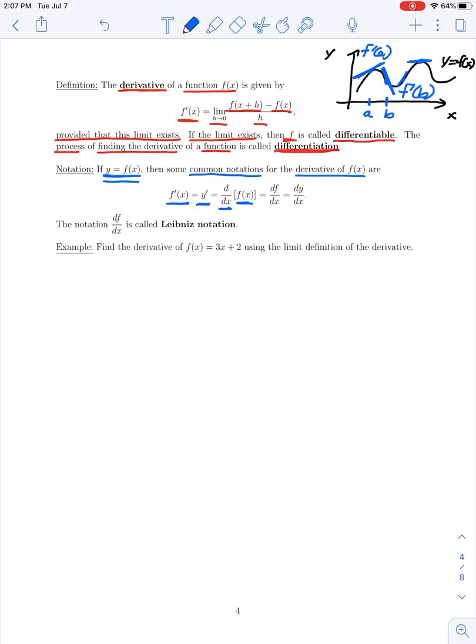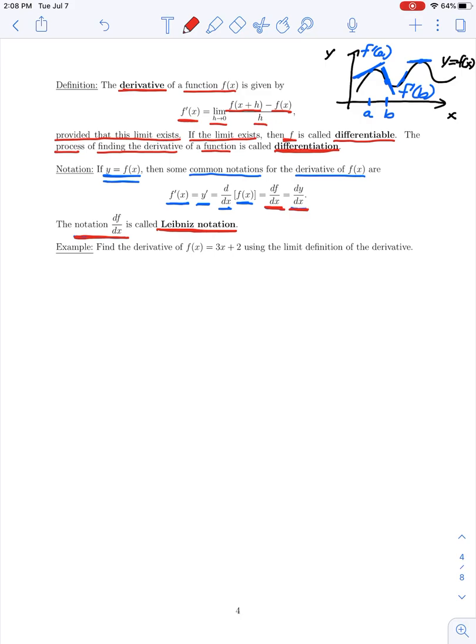Or we could also make use of the notation df over dx, or if y is equal to f of x, we could say dy over dx. So these are all different notations which we could use for the derivative of a function. The notation df dx or dy dx, these last two notations that we were using to denote a derivative, is called the Leibniz notation for a derivative.